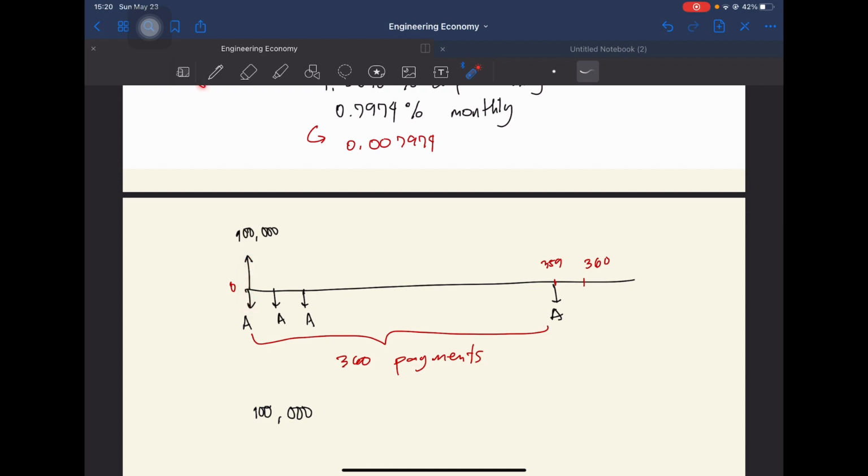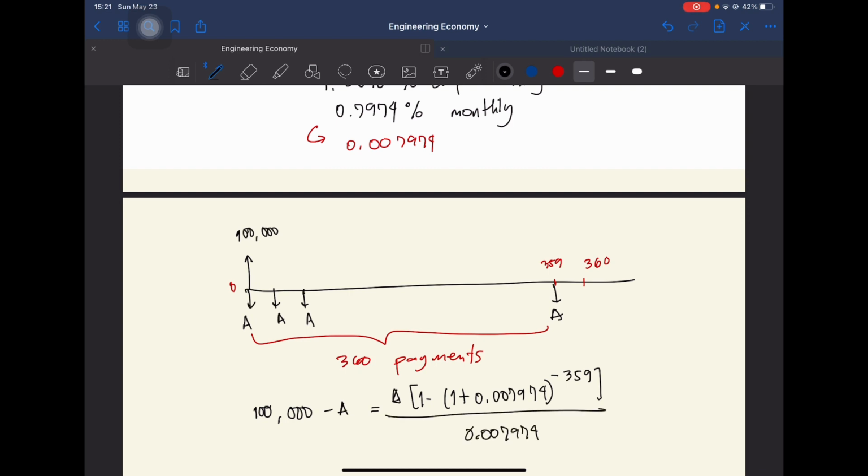So 100,000 minus A equals the 359 payments, A times 1 minus 1 plus I, with our interest rate 0.007974 as shown earlier, raised to negative 359, over 0.007974.